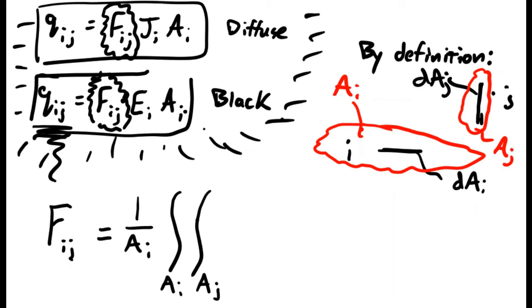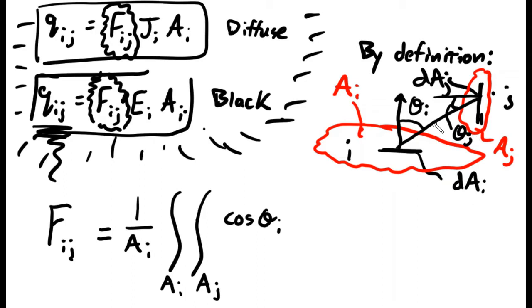So what's inside this integral? Well, we've got the cosine of theta I, where if this is our normal and this is the line between the centers of our differential areas, this would be theta I. And if this is the normal, that right there would be theta j.